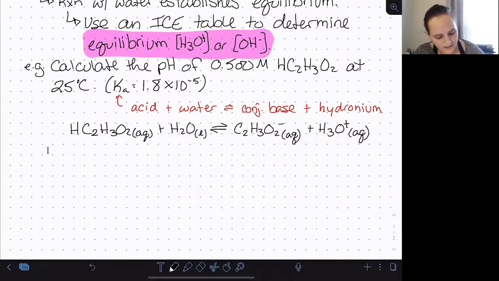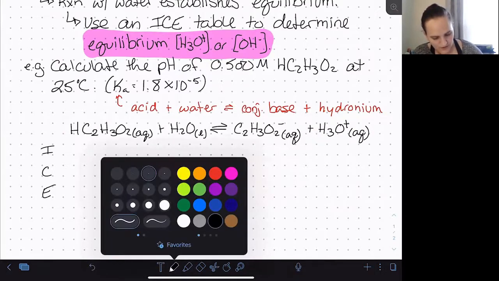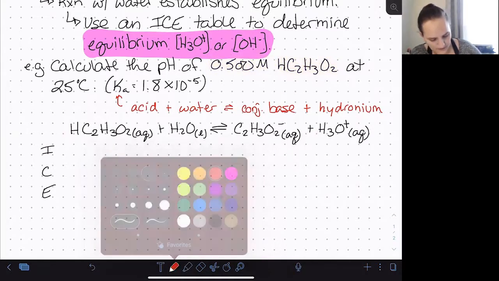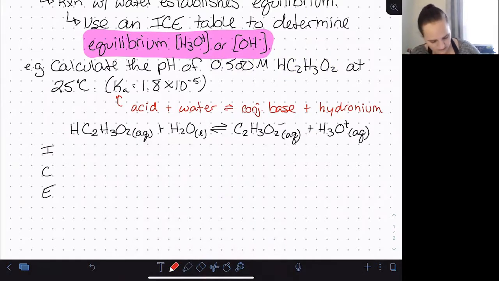So if we set up an ice table here, the concentration that you are given in the problem is the initial concentration.